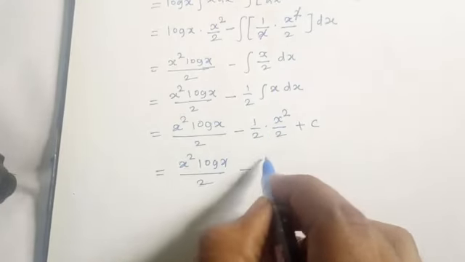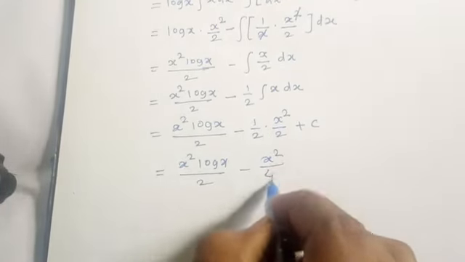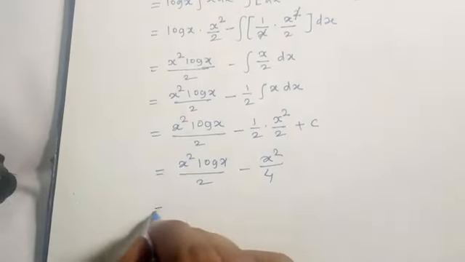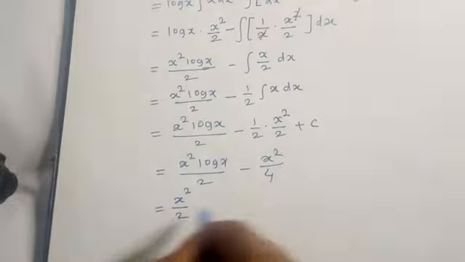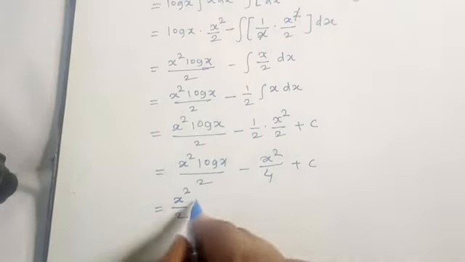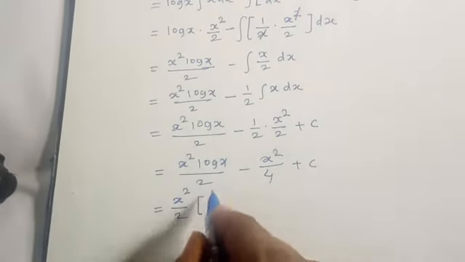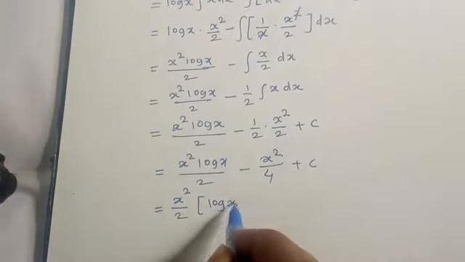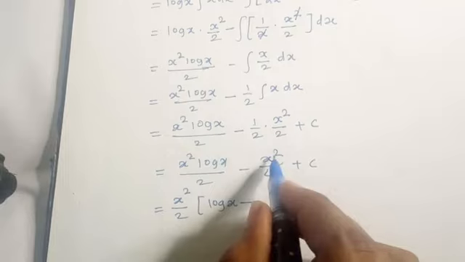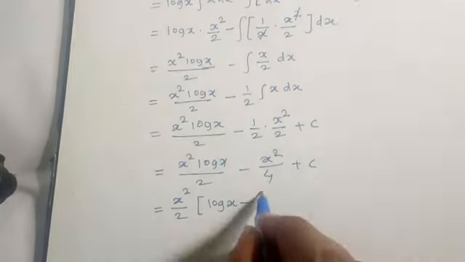That is equal to x square log x upon 2 minus x square upon 4, or also you can take x square upon 2 as common. Taking x square upon 2 as common, only log x remains in the first term, and in the second term only 1 by 2 remains.